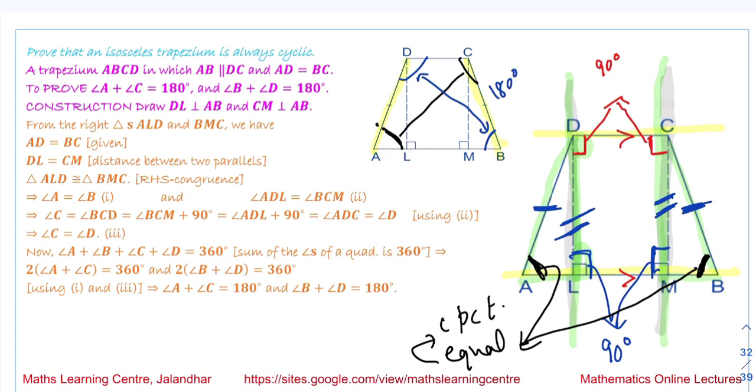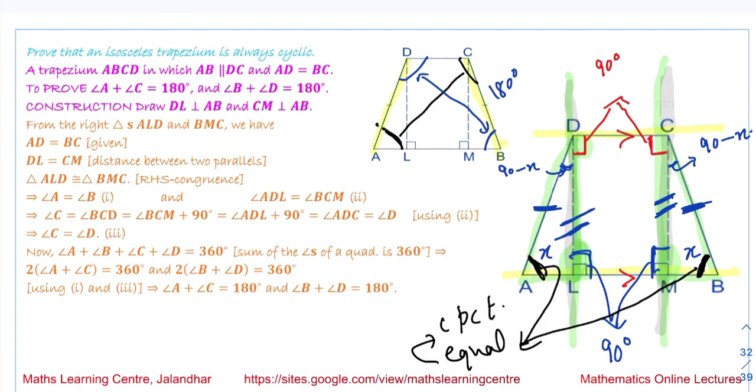Now if the value of the angle at A is X, and the value of angle at B is X, then the value of this angle at C will be 90 minus X, and this angle will be 90 minus X, because at this point L the angle is 90 degrees, and at this point M the angle is 90 degrees.